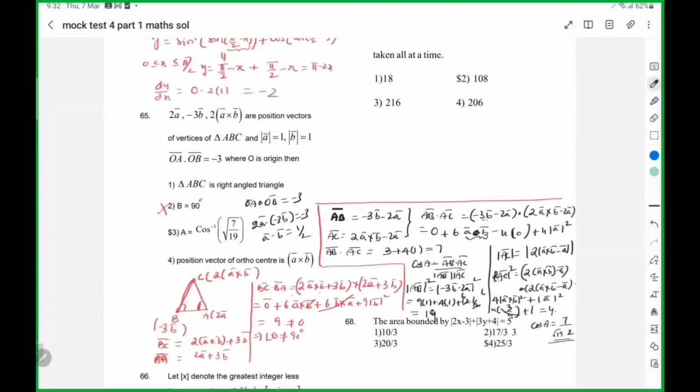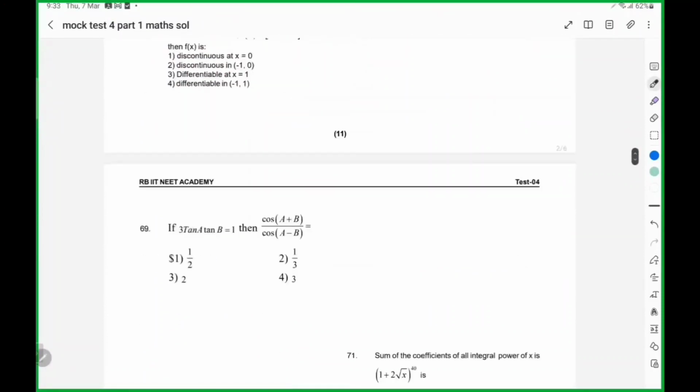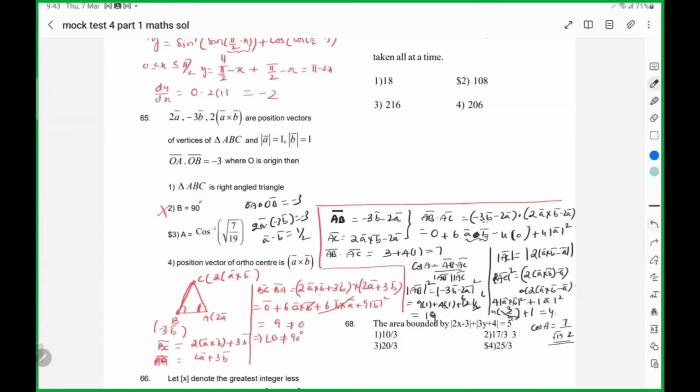Here also it is root 7. So this is also not possible.